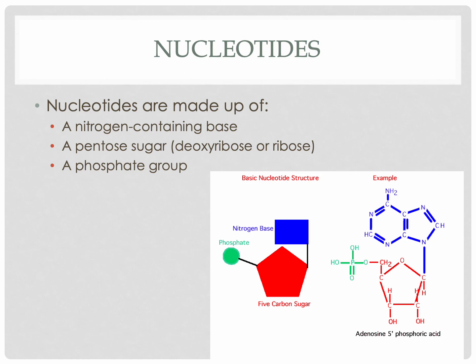Nucleotides are made up of a nitrogen-containing base, a pentose sugar, which could be deoxyribose for DNA or ribose sugar in RNA, and a phosphate group.